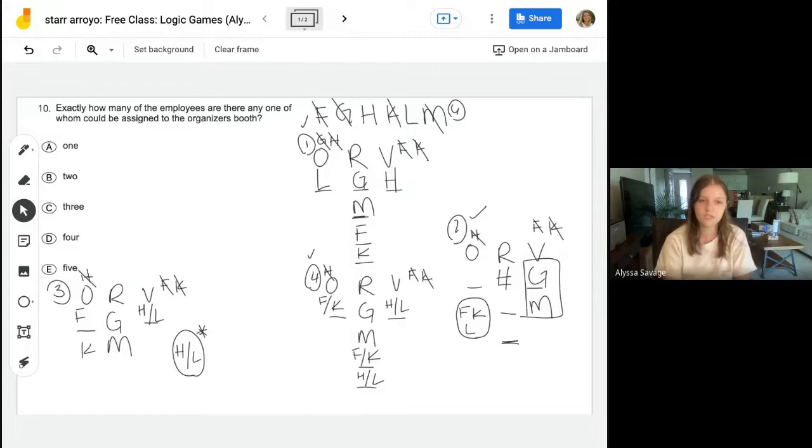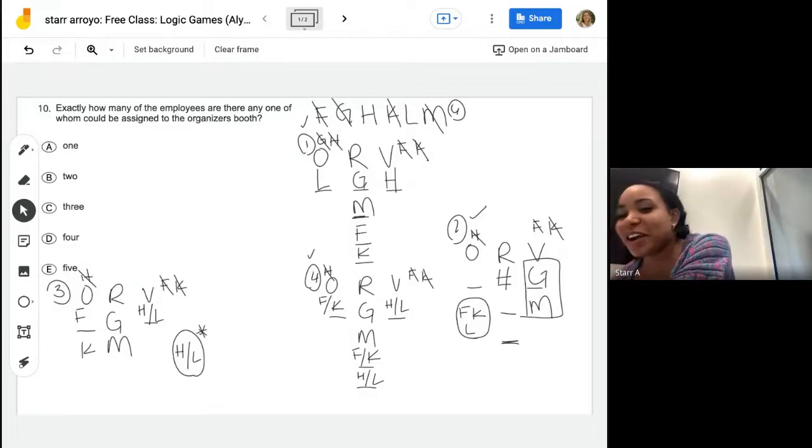Our next one. Exactly how many of the employees are there, any one of whom could be assigned to the organizer's booth? I don't understand that, I'm sorry. I'm just rereading it. Is there supposed to be a comma there?